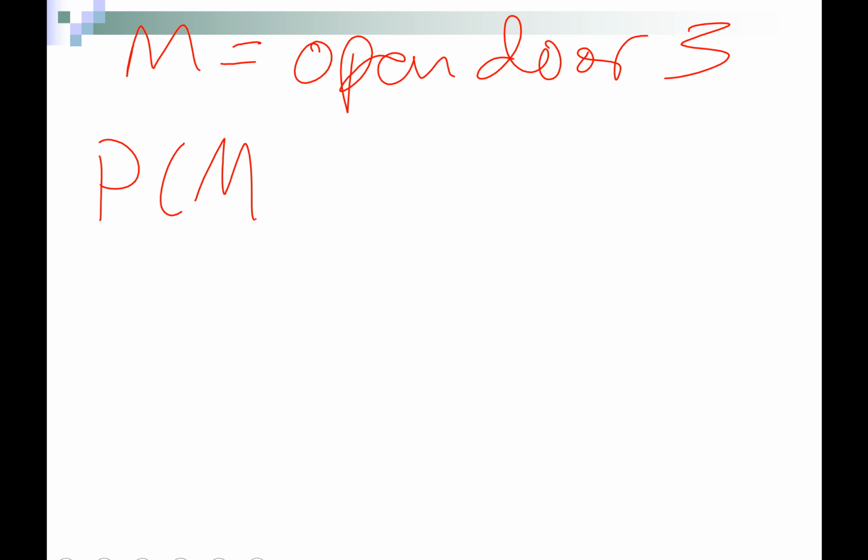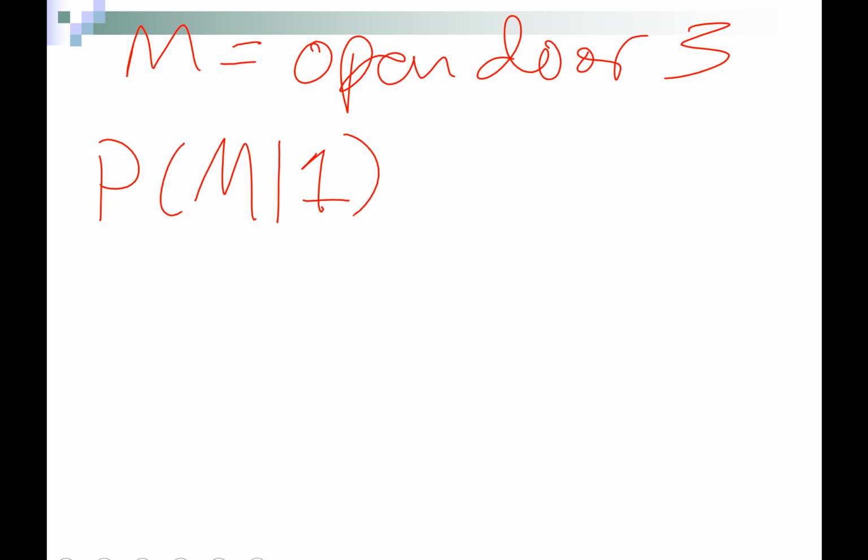So he's going to open door number 3, and we're going to say, what's the probability that he's going to open door number 3 given that the money is behind door number 1? Okay, so if the money's behind door number 1, what's the probability he's going to open door number 3?